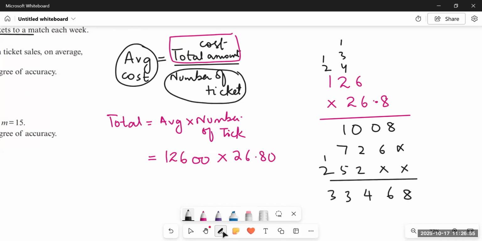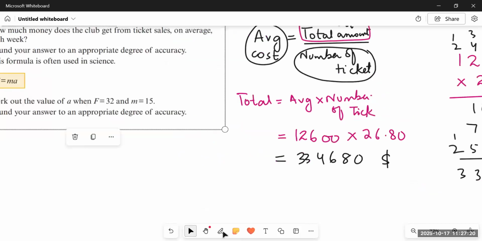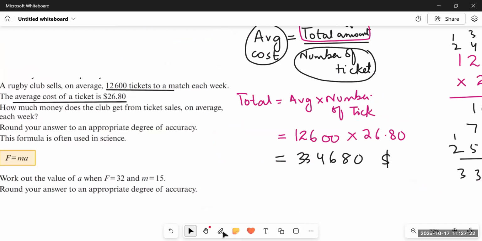So this is the answer, 33,468. But since we had a decimal over here and then we had two zeros, we will move the decimal two digits forward, and here comes $334,680. So we simply have to multiply the two quantities.